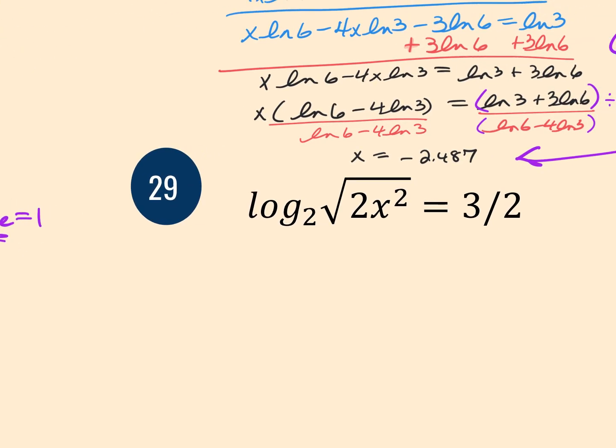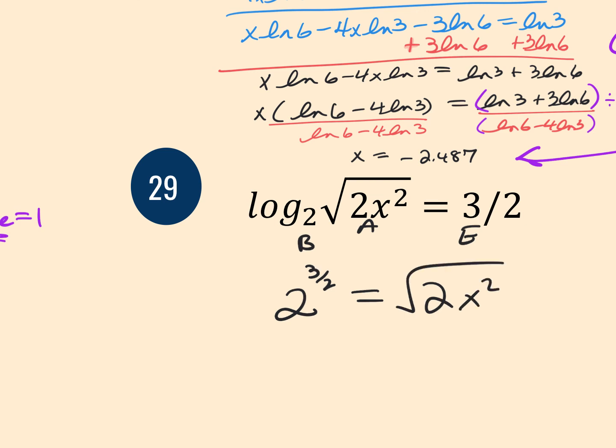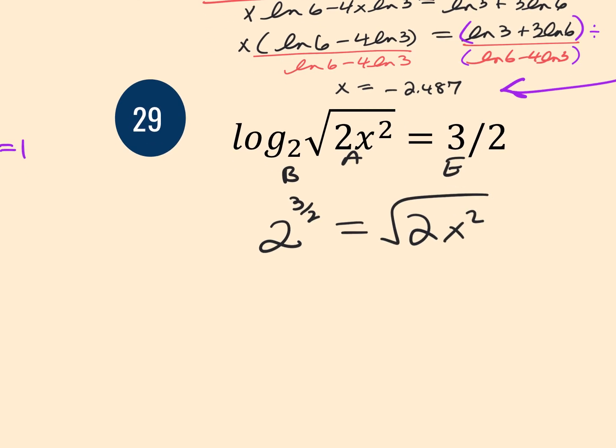I'm going to go ahead and change this radical into an exponent. Actually, I can put it into exponential form. Let's just do that. So 2 raised to the 3/2 power equals this, and I'm going to change this into a fraction exponent.